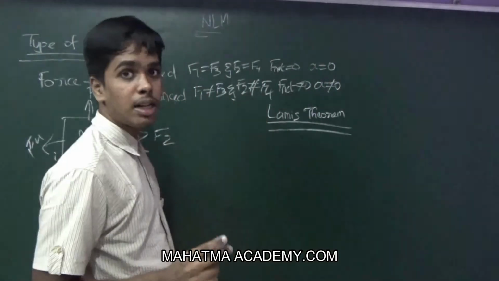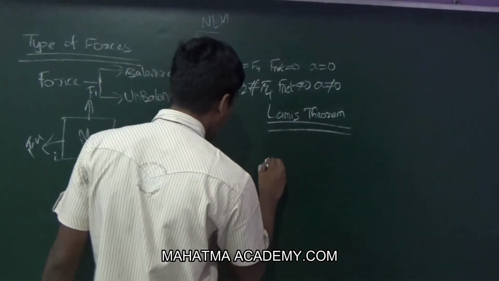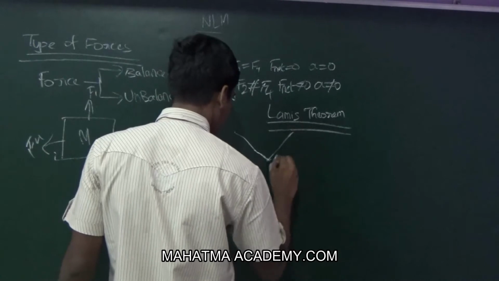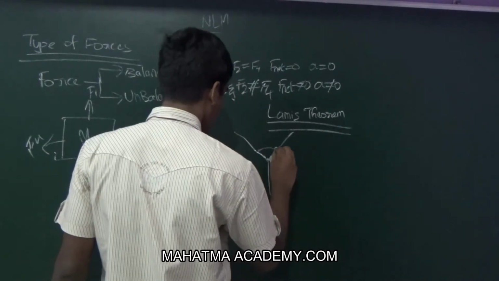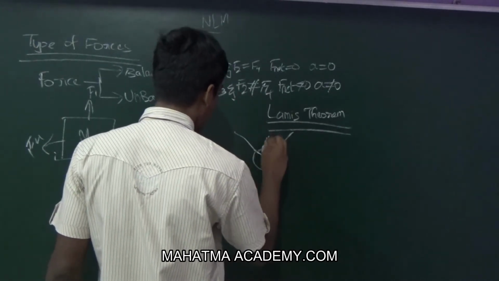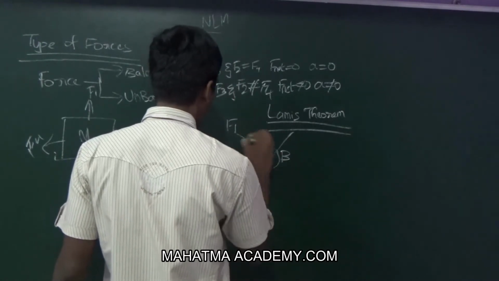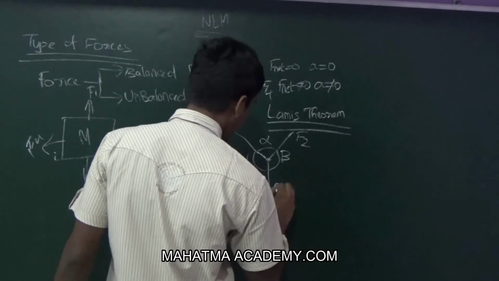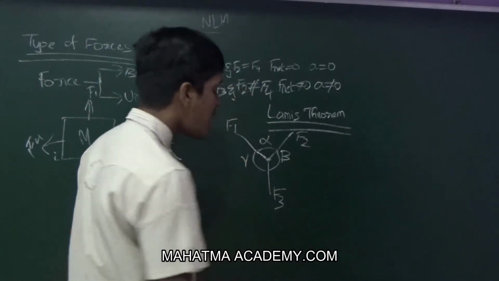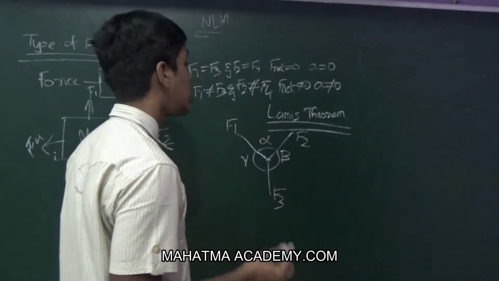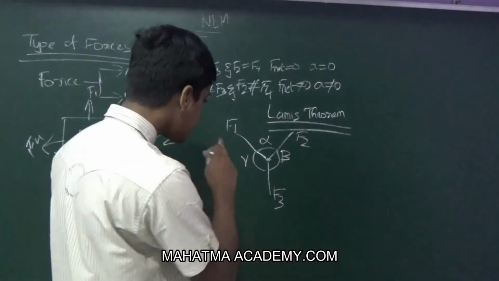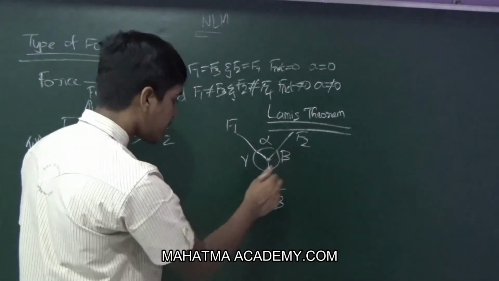Lami's theorem, there is a simplified diagram for it. It is alpha, beta and gamma, and it is F1, F2 and F3. And they are all balanced forces. So we can derive a relationship between these three forces.